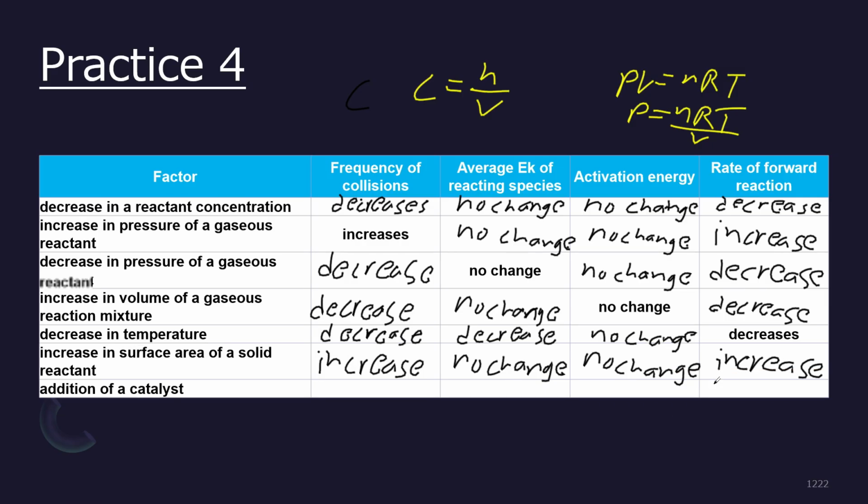Okay, finally, addition of a catalyst. Frequency of collisions, no change. Catalyst doesn't affect that. Average EK of reacting species, no change. Again, only temperature can do this. Activation energy, though, this is the one case where your activation energy will change and decrease.